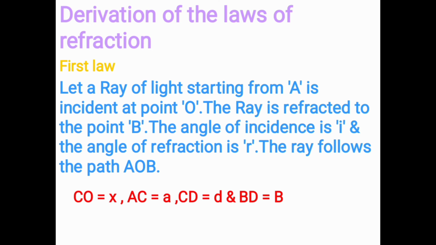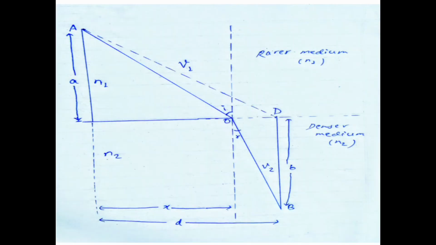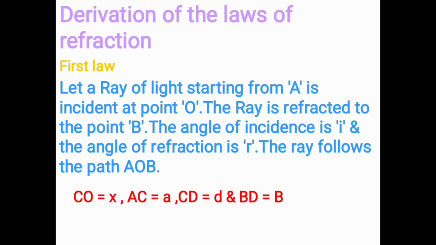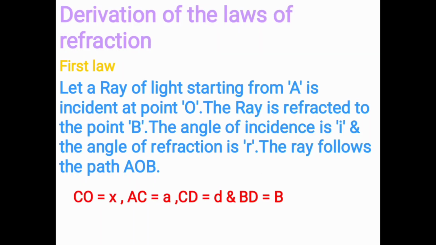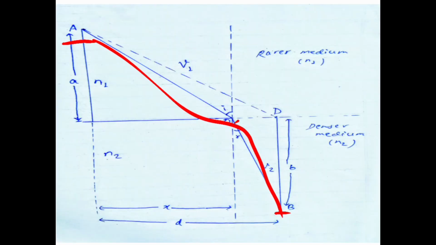Now we'll come to the laws of refraction. Let a ray of light starting from A be incident at point O. This is the source of light, and after refraction it comes to point B. The angle of incidence is i and the angle of refraction is r. The ray follows the path AOB. CO is equal to x, AC equal to a, CD equal to d, and BD equal to b.